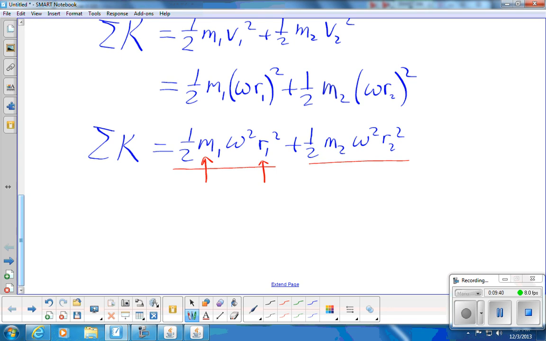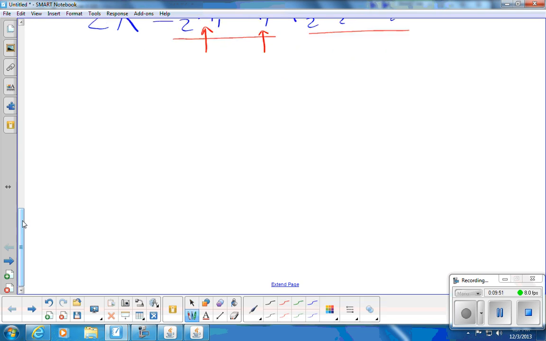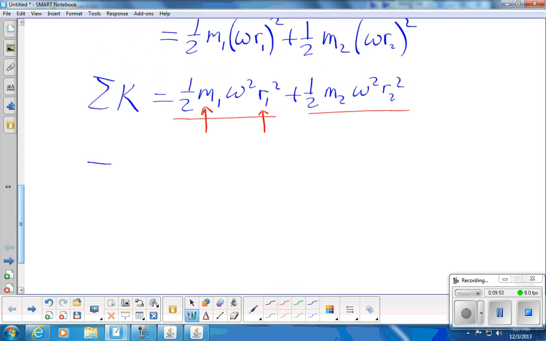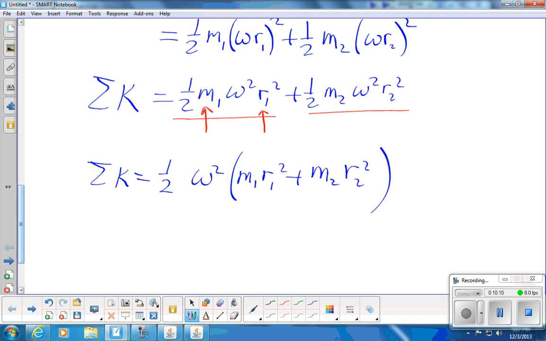Those being common, let's factor those out. In fact, the 1/2 is common as well. So let's do a little factoring. And so that gives me the total kinetic energy is equal to, I can factor out a 1/2 omega squared. And then I'm left with M1 R1 squared plus M2 R2 squared. Okay.